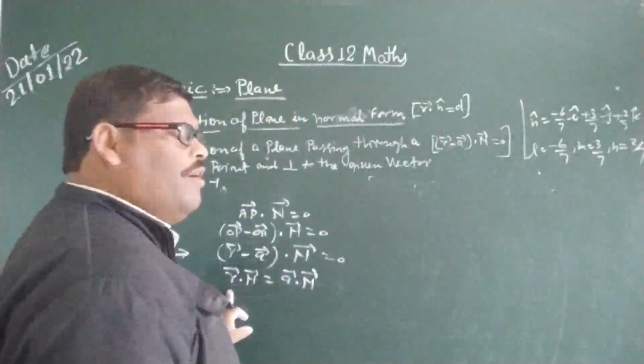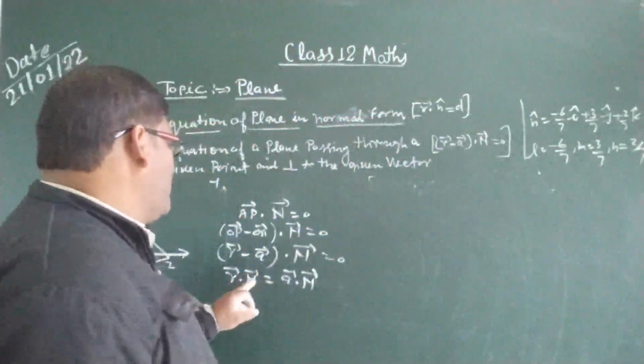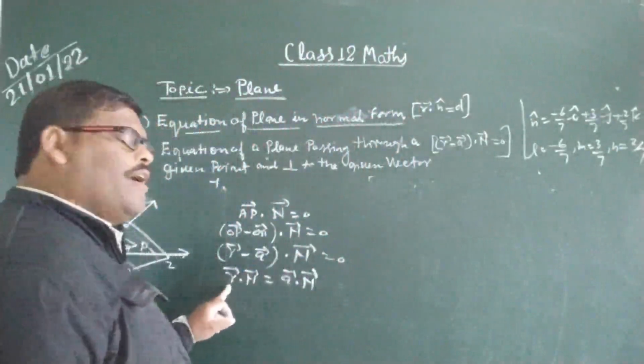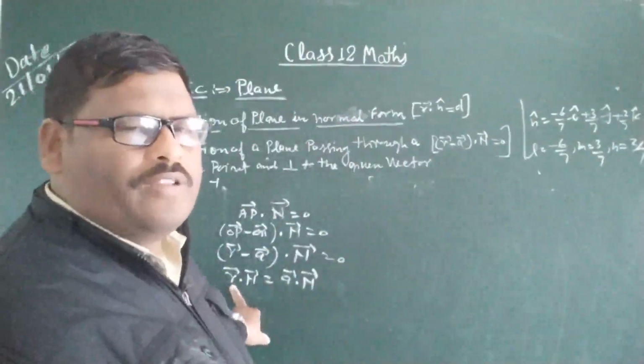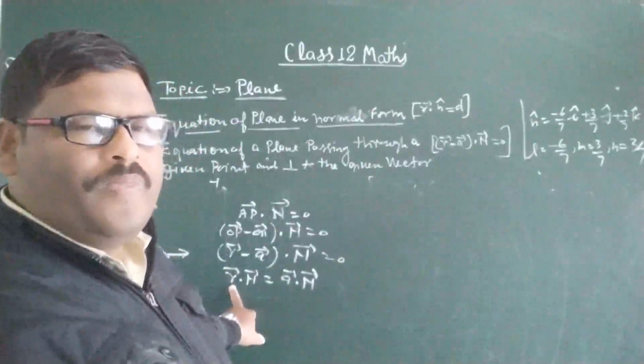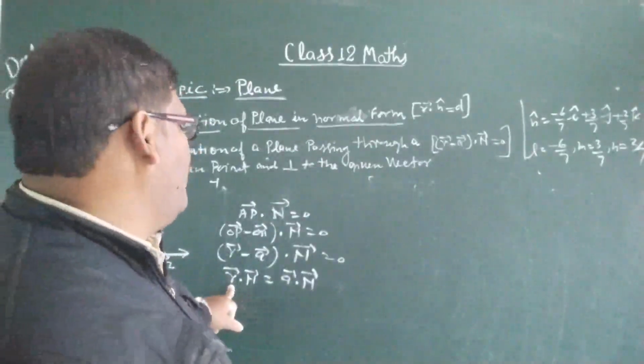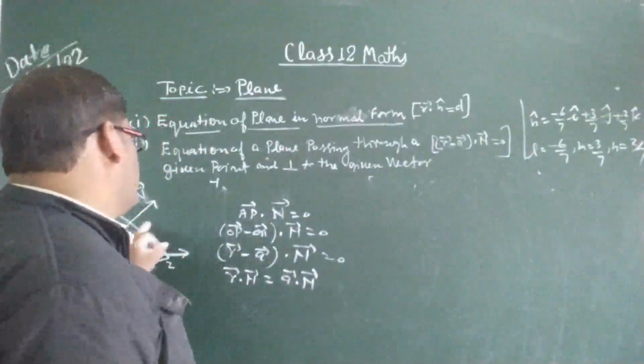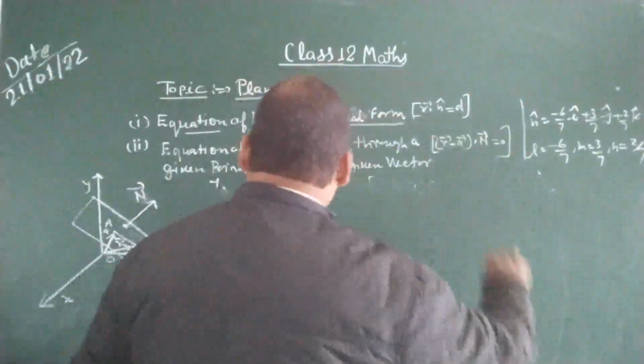Now putting the values of vector n, vector a and vector r in Cartesian form, you can find the standard equation of the plane passing through a point and perpendicular to the given vector in Cartesian form.